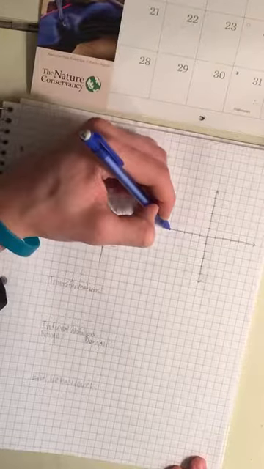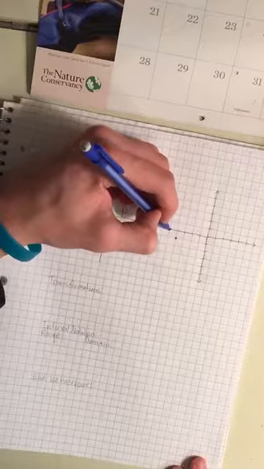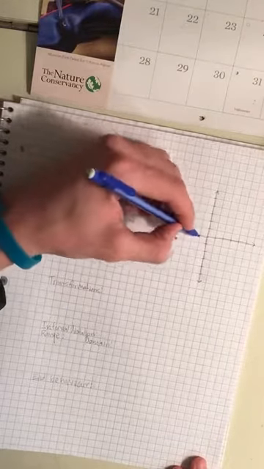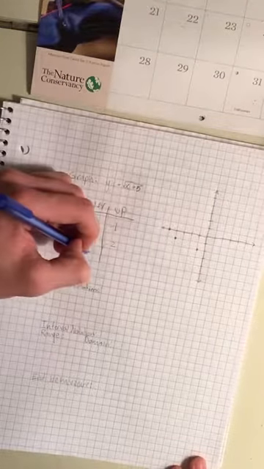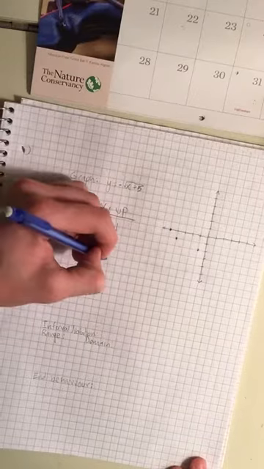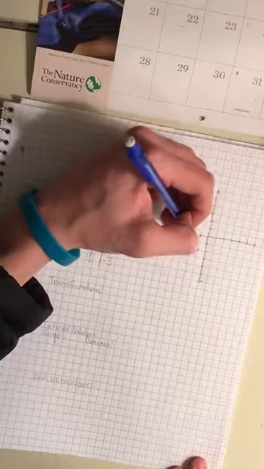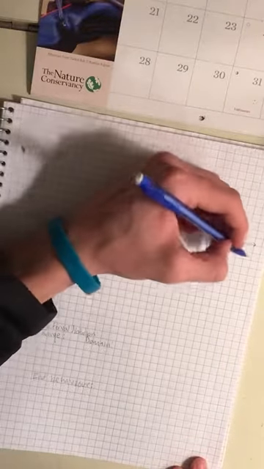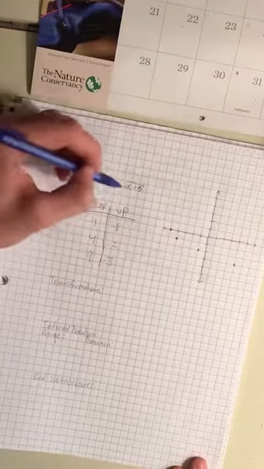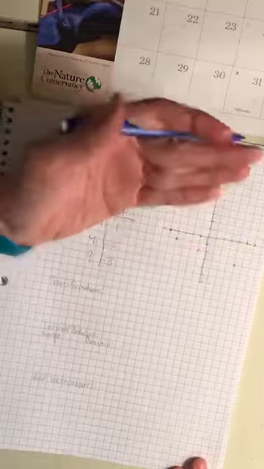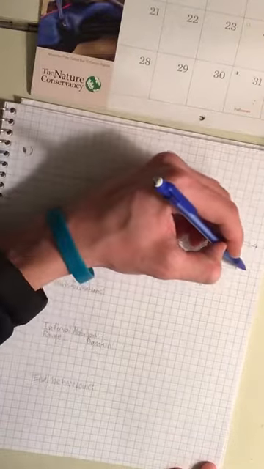So as we go over 1, we'll go down 1. And as we go over 4 to there, we'll go down 2. Like that. And we actually have room here to go over 9 and down 3. So over 9 will be 1, 2, 3, 4, 5, 6, 7, 8, 9, down 3. Because of the negative there. If that was positive, it would just be flipped up onto the positive side.